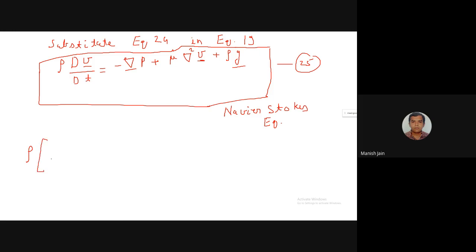If you write the Navier-Stokes equation in terms of simple derivatives, it will become del v by del t plus v dot del v. So this is also the same equation, just instead of using the substantial derivative, I am using the simple derivative.